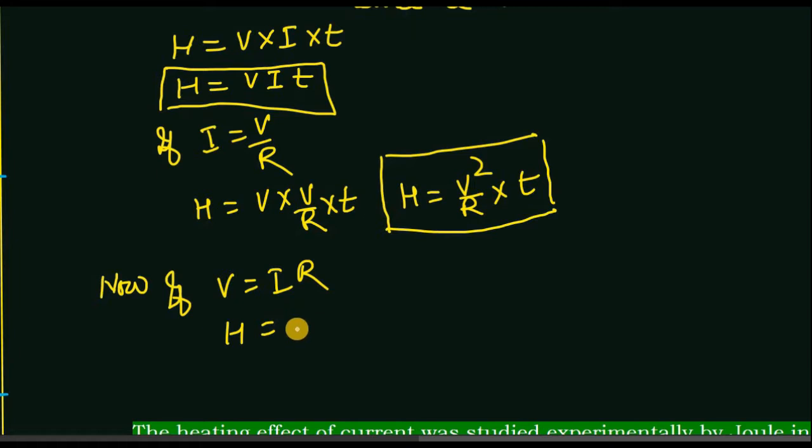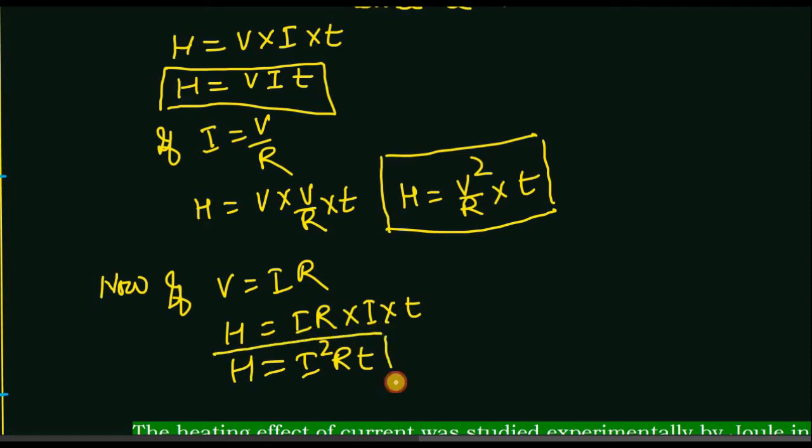H will now be IR into I into T, so it will be I square RT. So the one more formula for the heat produced is H equals I square RT, where I is current, R is resistance, and T the time for which current is passed. This formula is called Joule's law of heating.